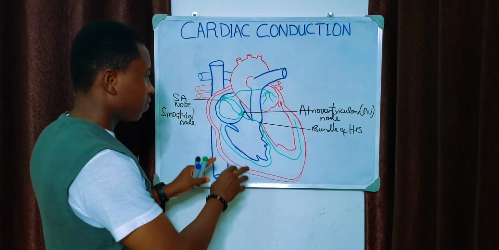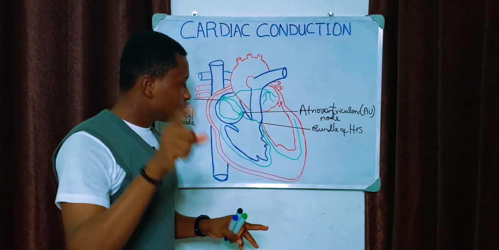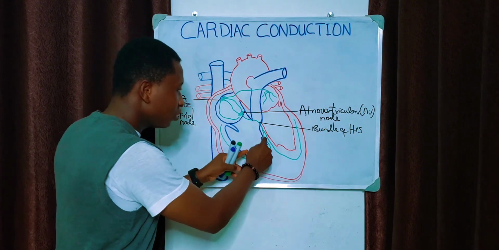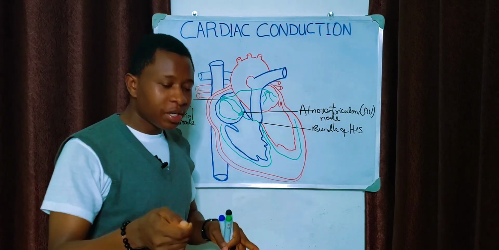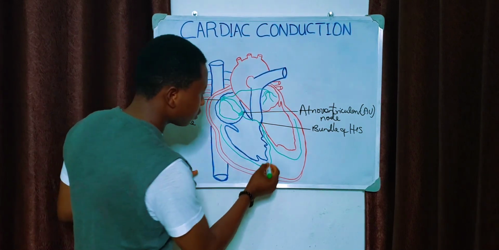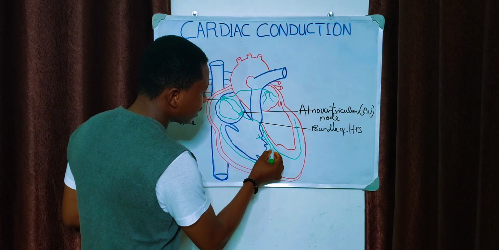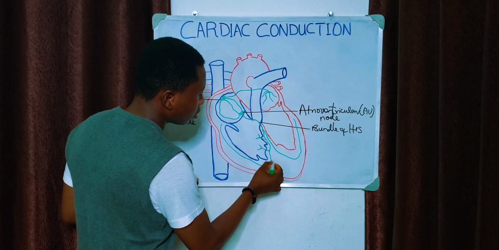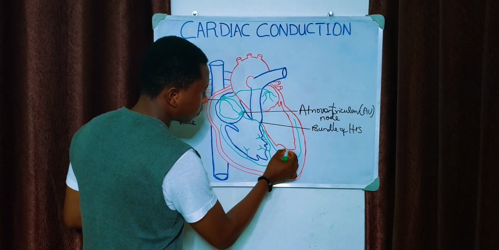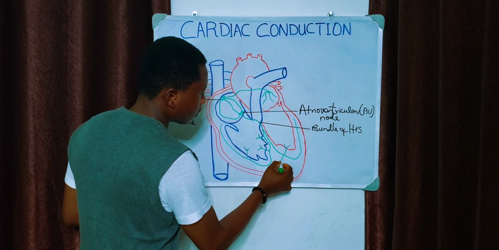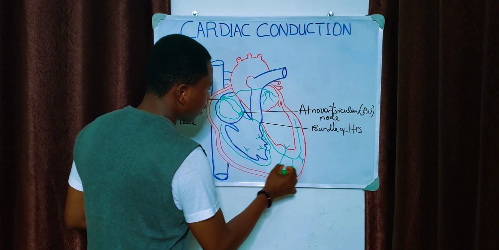That is just the extension of the bundle of His. Now, that's not all. These extensions also have secondary extensions. Most of them spread to the muscles of the ventricles, so it spreads to the muscles of the heart.